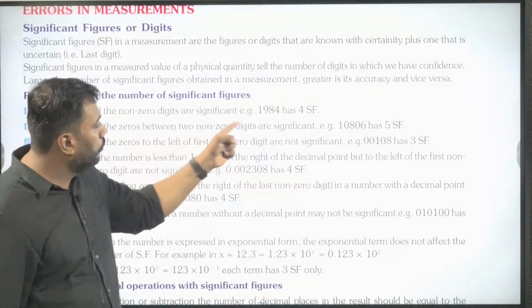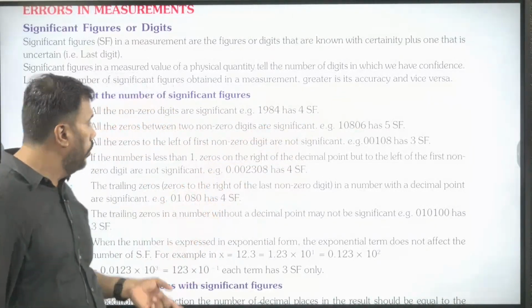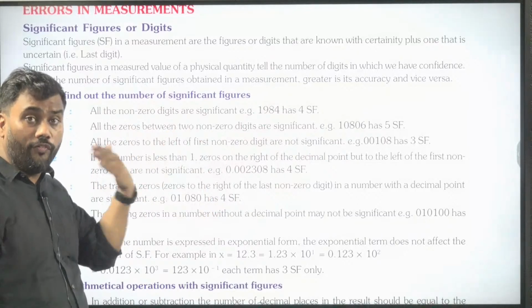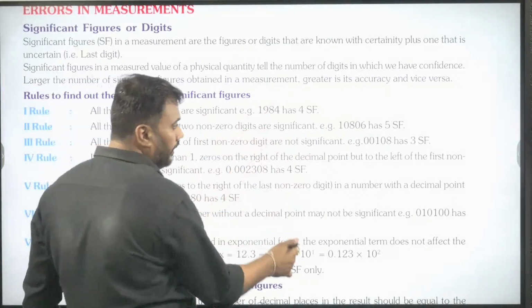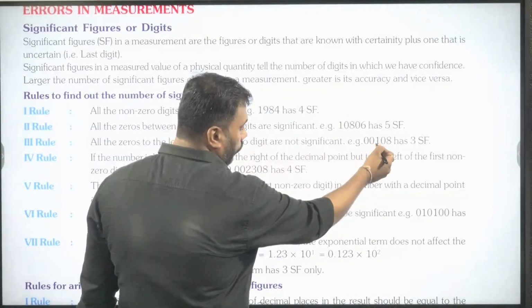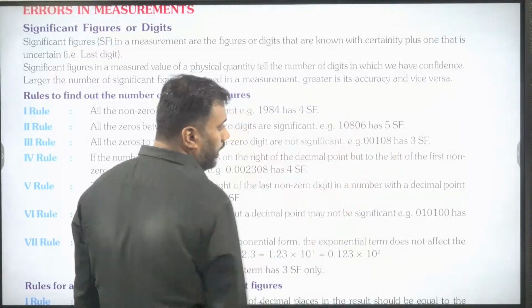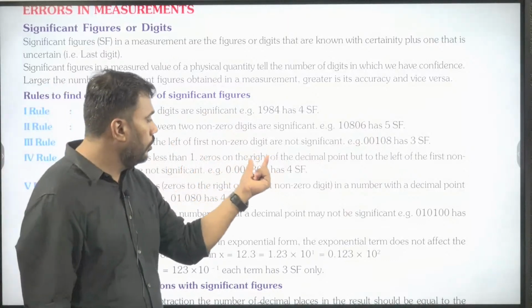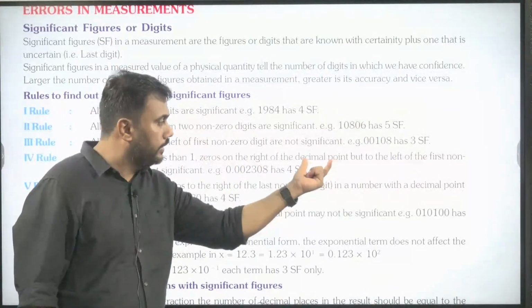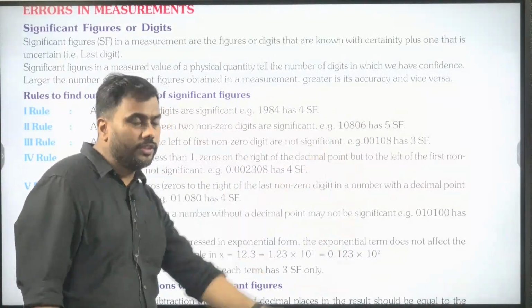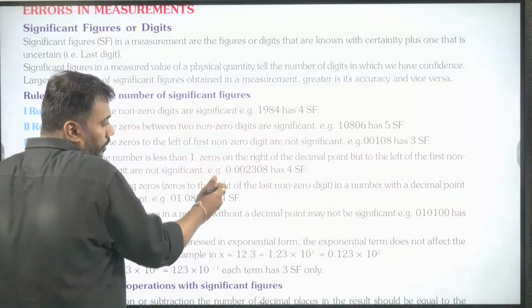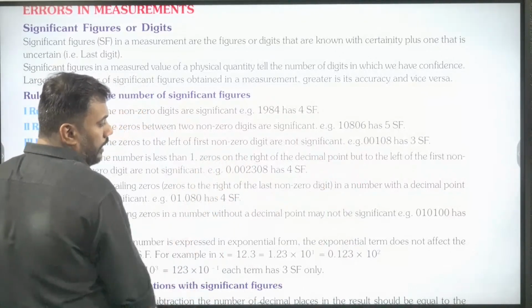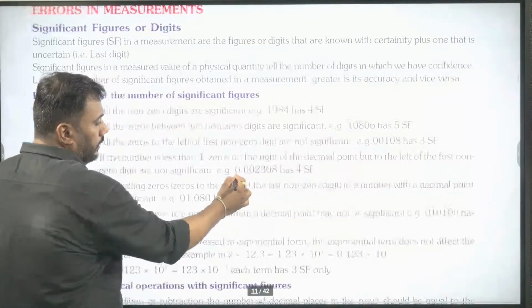All the zeros between two non-zero digits are significant. All the zeros to the left of the first non-zero digit are not significant. 0.00108 contains only three significant digits. If the number is less than 1, the zeros to the right of the decimal point but to the left of the first non-zero digit are insignificant.